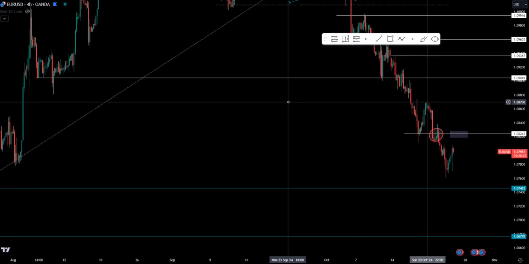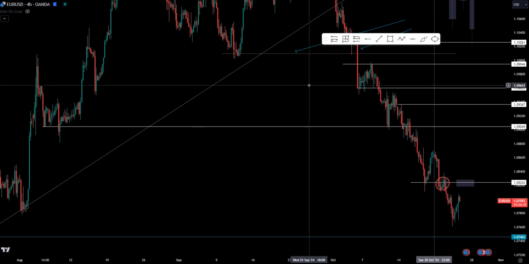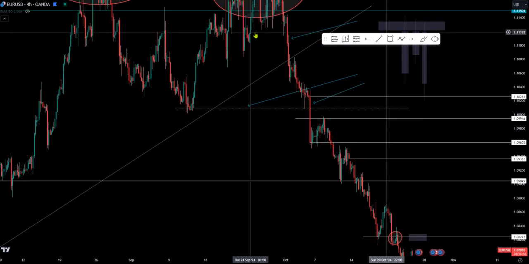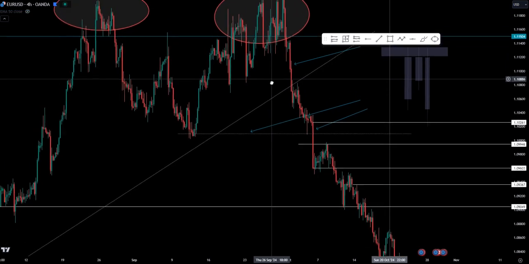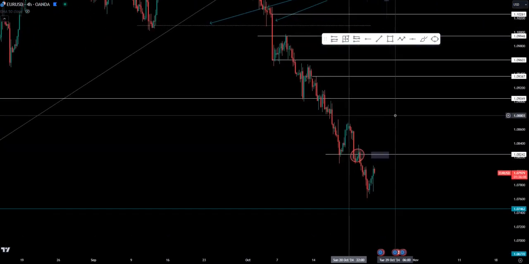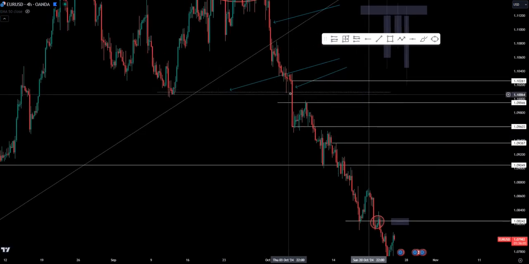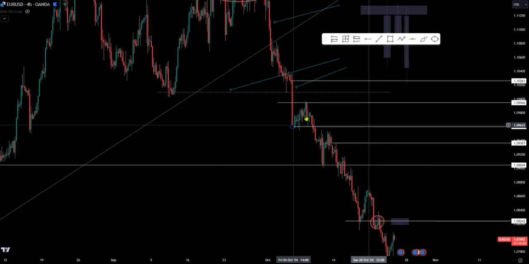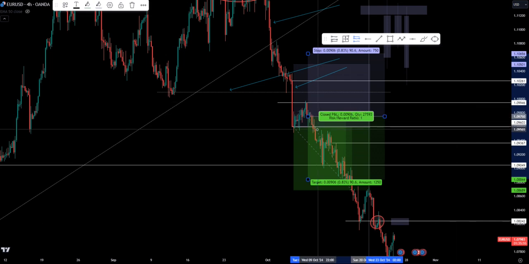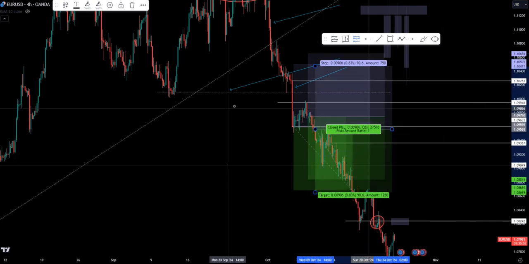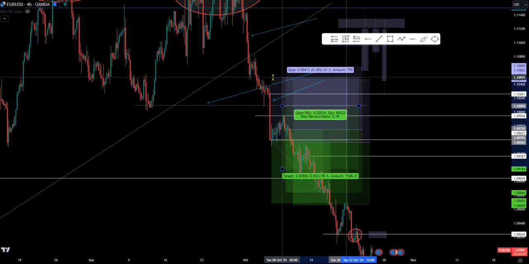We can make different entries or decisions, but if we are all doing the correct analysis, it doesn't matter if you say I'm gonna enter right here, or other traders say I'm gonna enter right here, or someone says I'm gonna take a sell limit with stop loss above here.